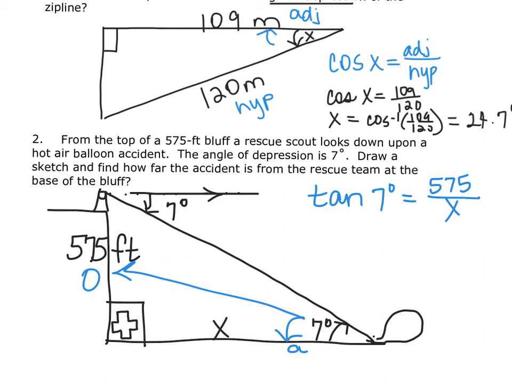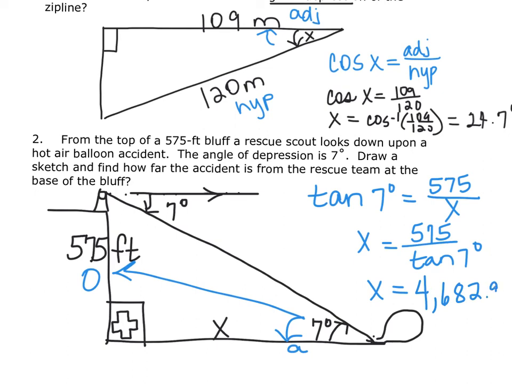I cross multiply and get x equals 575 divided by the tangent of 7 degrees. I go to the calculator and plug this in, and I get 4,682.999.